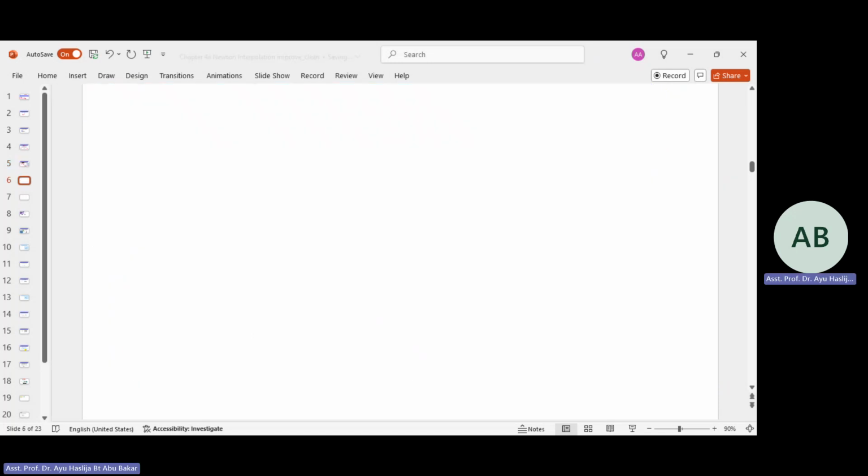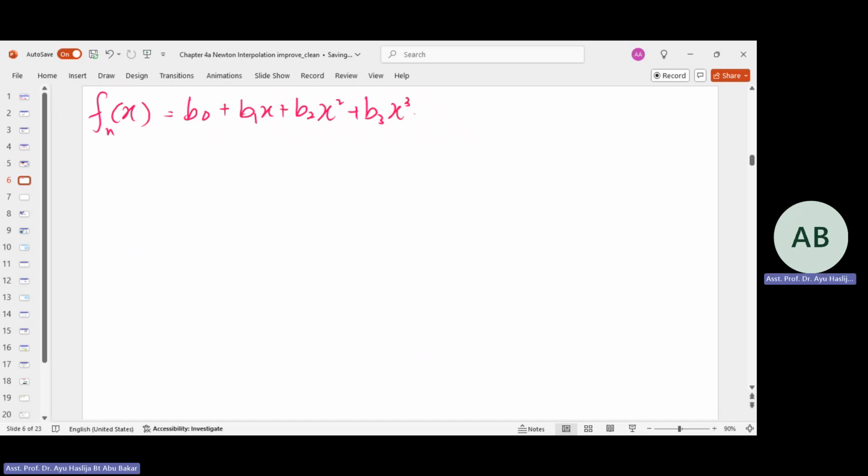Now I want to show you the rest of the orders. This is your polynomial function, the general one: b0 plus b1x plus b2x power 2 plus b3x power 3. Usually your level's question will ask up to n equals 3, where bn multiplies x to the power n.